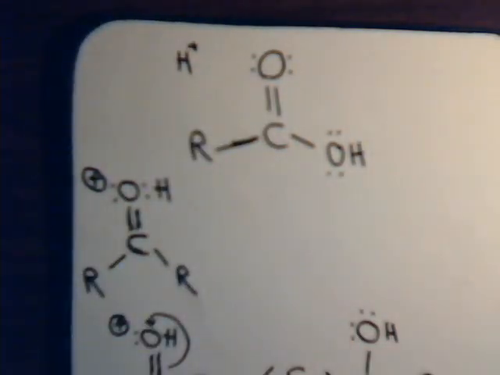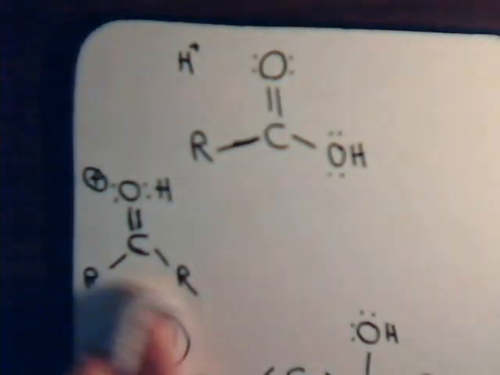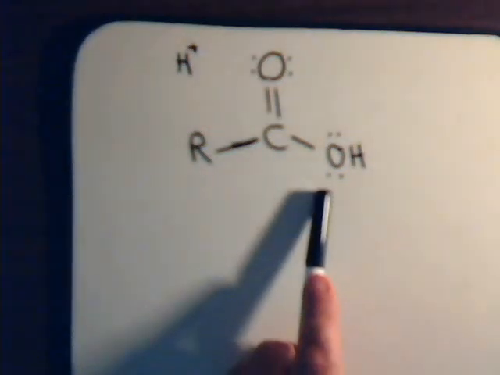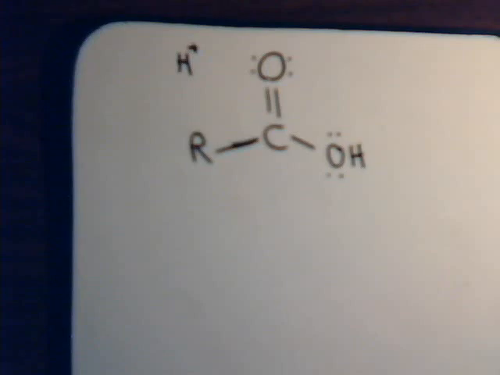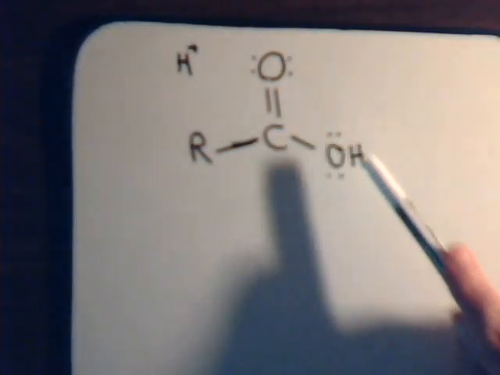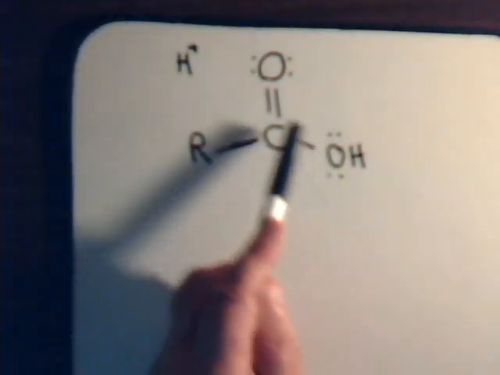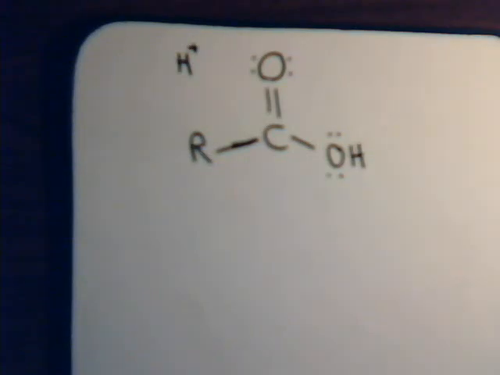Now, having said all that, what about this oxygen? That also has unshared pairs of electrons. These are sp2 electrons, and these are an unshared pair of pi electrons. Well, we're not going to put a proton on the pi electrons, because that would mean they're no longer available to be delocalized in any kind of resonance system with this adjacent carbon atom that has that pi bond.